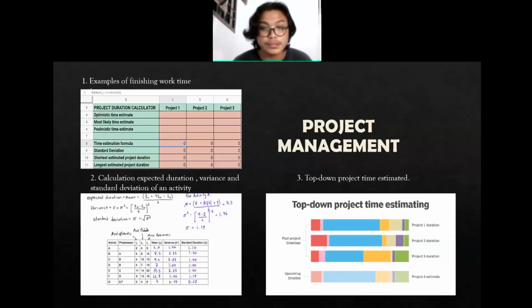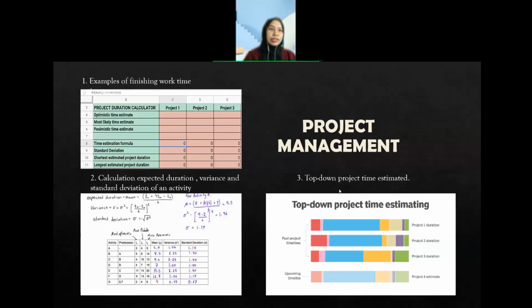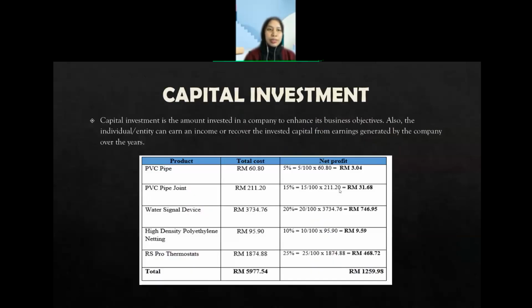Second is the calculation of expected duration, variance, and standard deviation of an activity. This is very important when we give durations, because we give other parts to other workers. Third is a top-down project time estimate. We can see in the figure the past project timeline and the upcoming timeline. So, next slide.